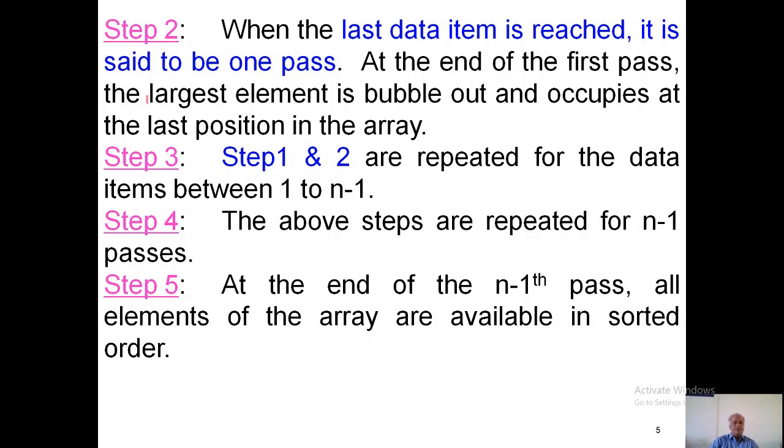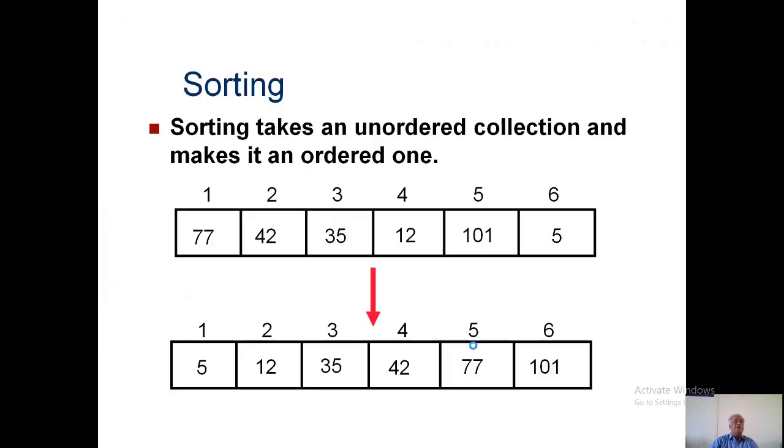At the end of the pass, the largest element bubbles to the end. Repeat these steps for 1 to n minus 1 data items, so we make n minus 1 passes. At the end of the last pass, all the elements of the array are in sorted order.